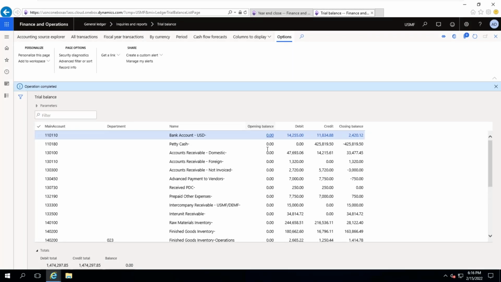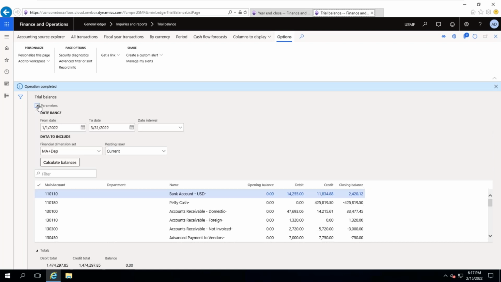So it is showing opening balances 0 because we have not executed. So let me execute for 2018, 12/31st, 2018. Let me execute for main accounts only.